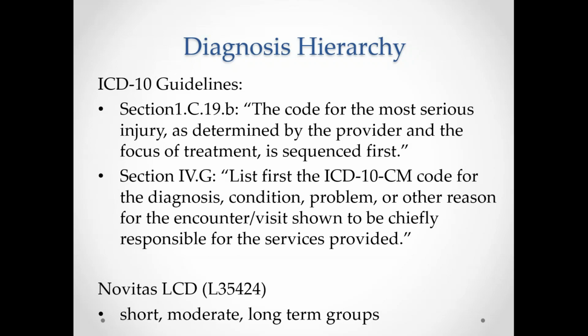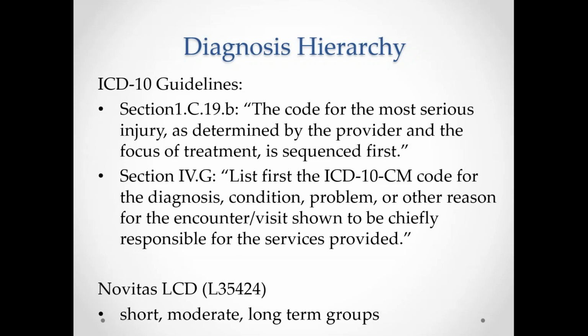And that guideline does pertain specifically to injury or accident codes, such as those that start with the letters S or T. However, the concept is that whatever the patient has that's the worst, that's what we should report first. And we should convey that as quickly as we can. In other words, at the top of the list in case the ones at the bottom don't even get noticed. We want to make sure that they're counted.